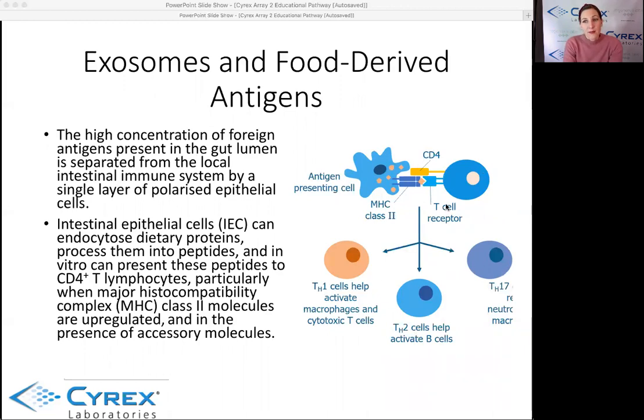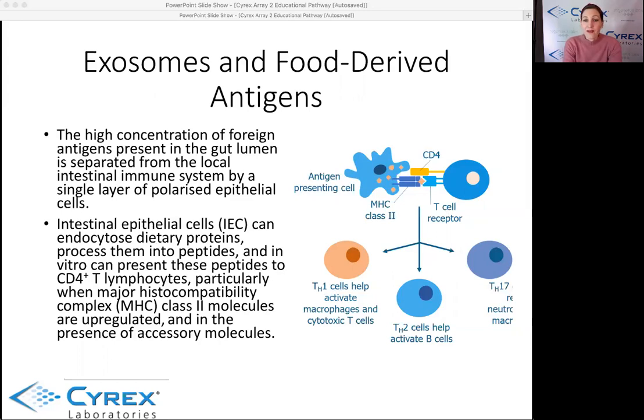So we see antigen presentation that directly calls into play the pro-inflammatory immune response. So this means that you can have a degree of food reactivity without, like I said, classically defined intestinal hyperpermeability.